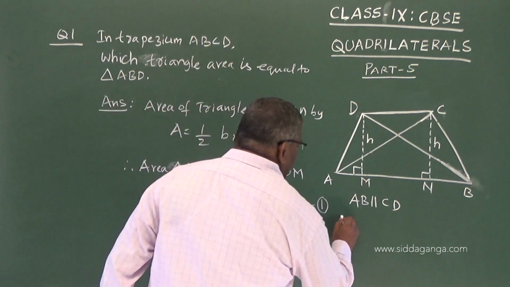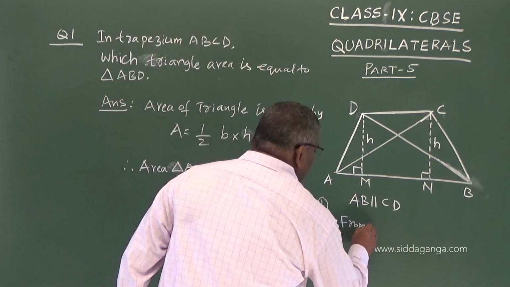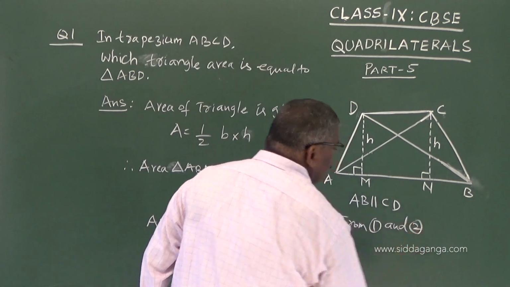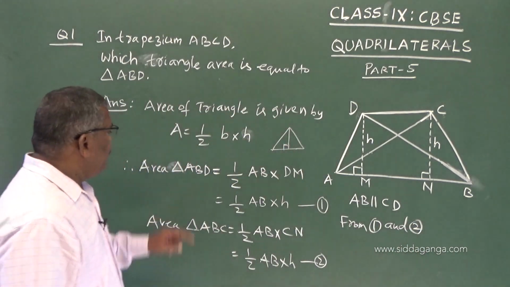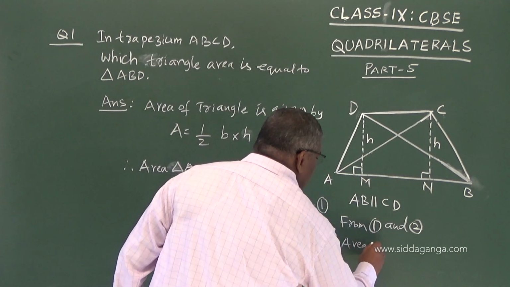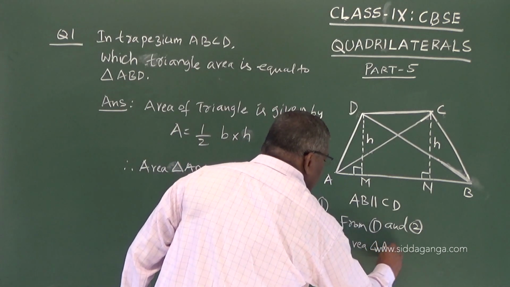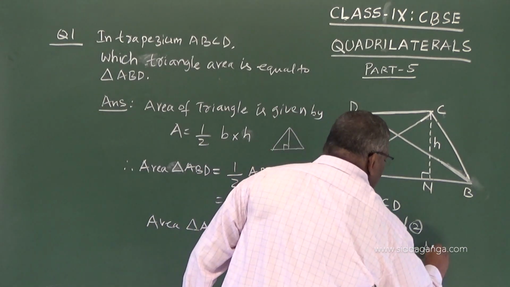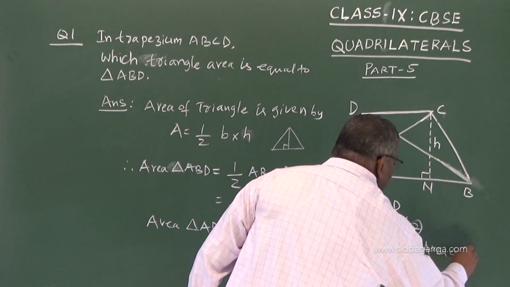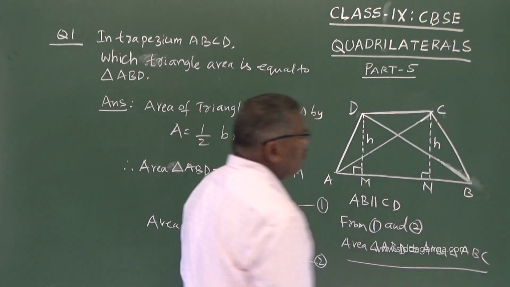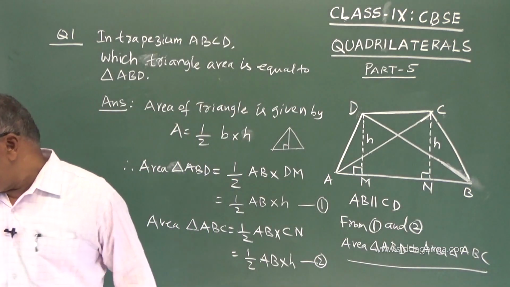So from 1 and 2, area of triangle ABD will be equal to area of triangle ABC. So this completes our answer.